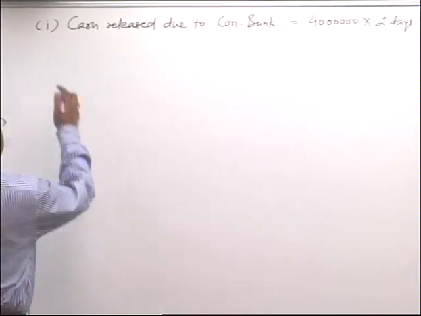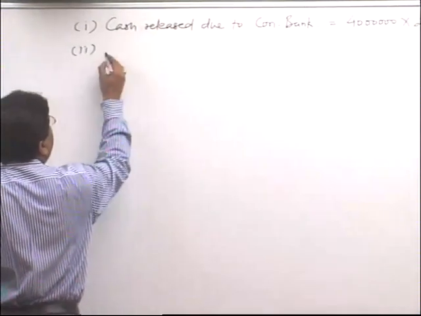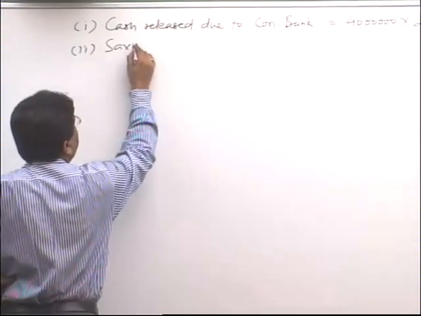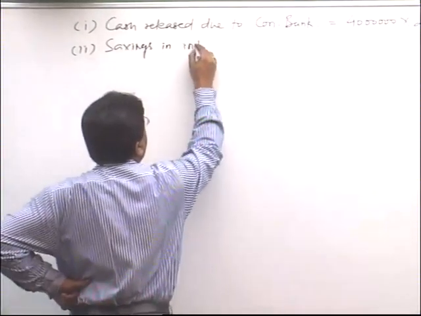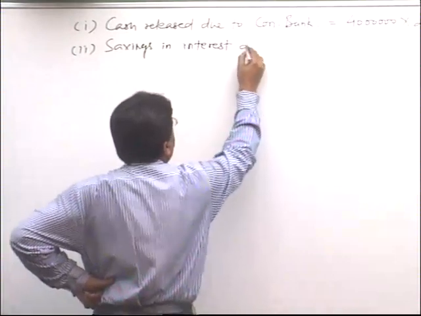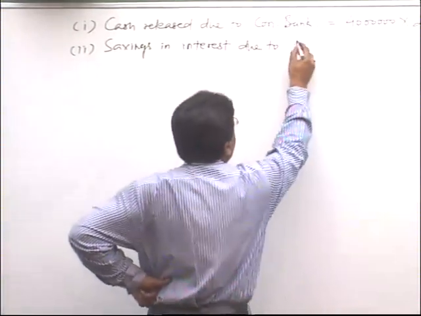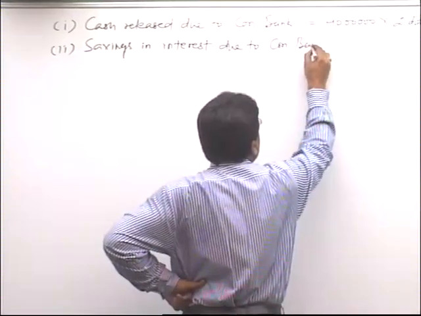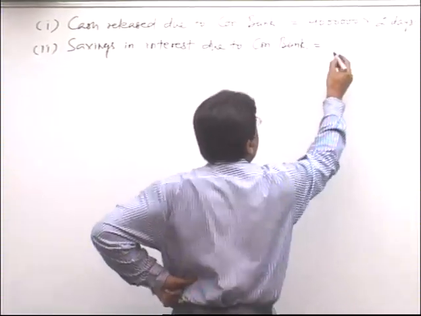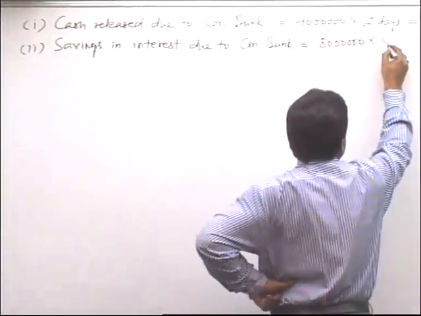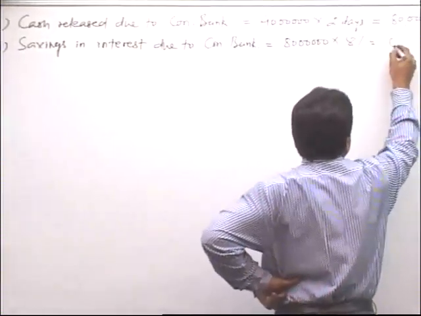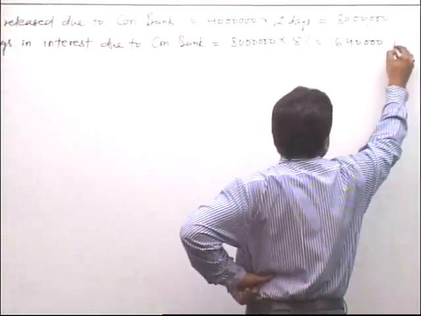Due to concentration banking, the savings in interest will be, so savings in interest due to concentration banking is equal to 80 lakhs multiplied by 8%, so it is 6 lakhs 40,000 per annum.